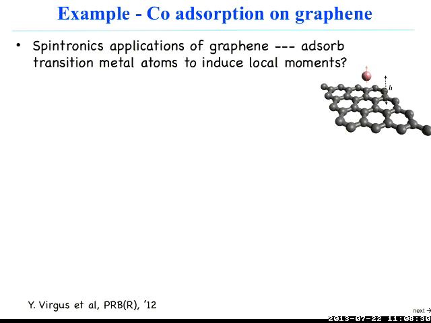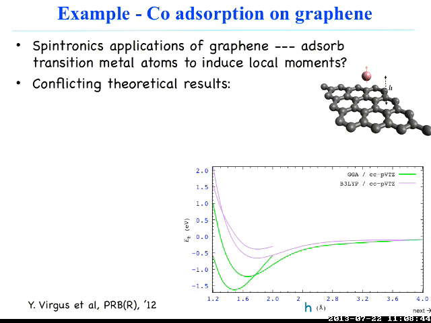So one idea is to take a magnetic transition metal atom, cobalt, and move it toward the graphene sheet to try to induce a local magnetic moment. So this is a toy calculation. People are trying to ask where the equilibrium position is, and what kind of magnetic state there is.